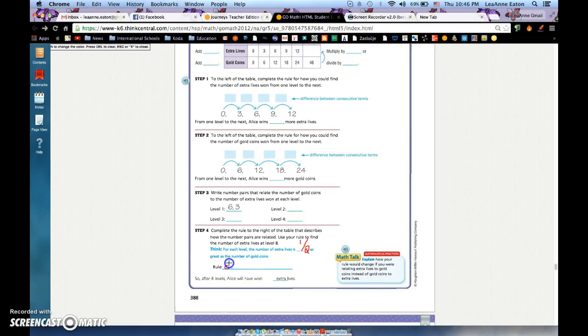So then your rule is divide by 2. And then Alice will have won 24 extra lives. So the number of extra lives is half the amount of the gold coins. Do you guys see how that works? Okay.